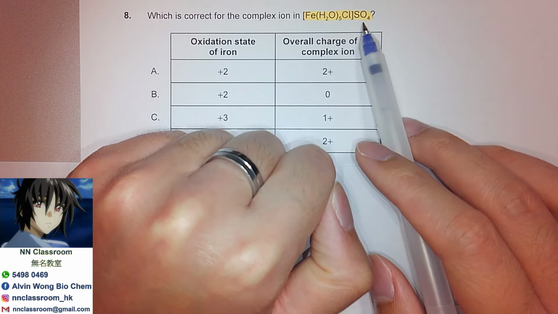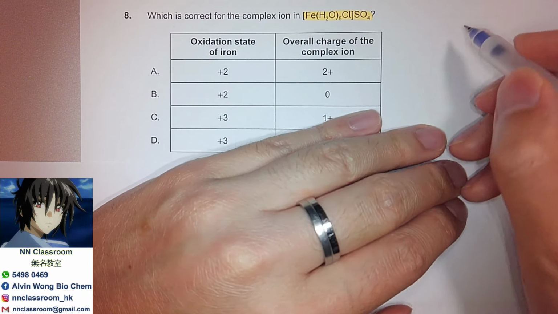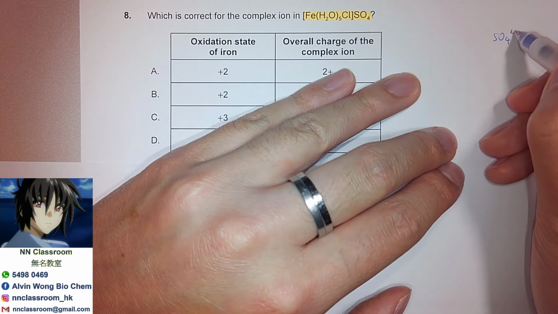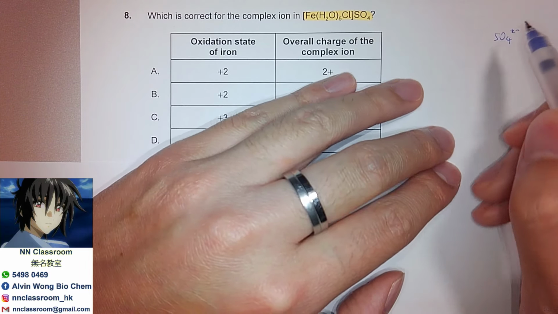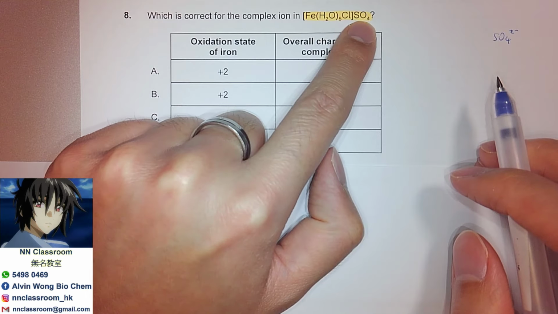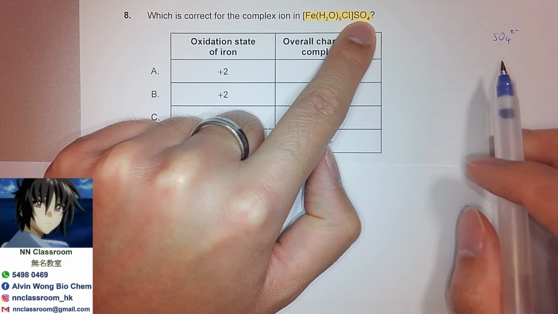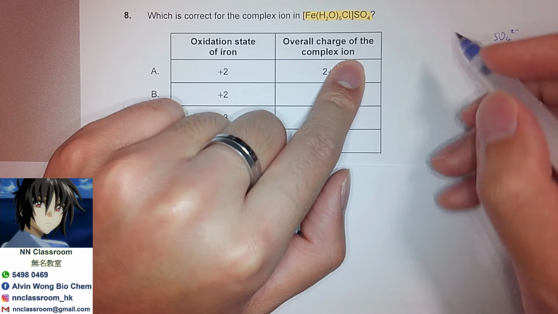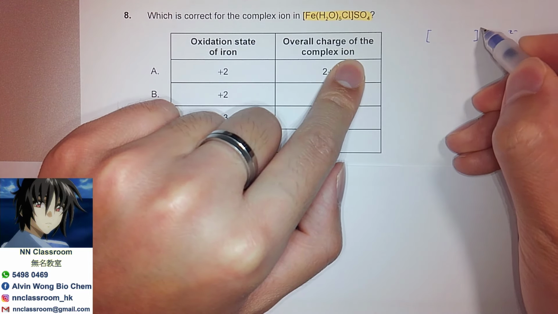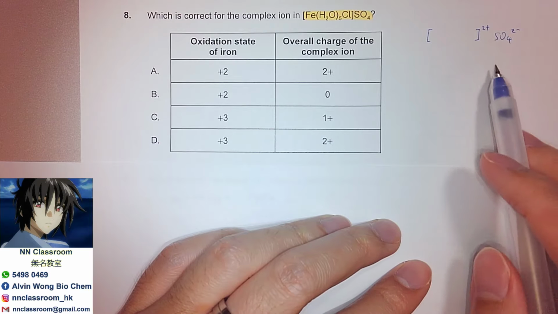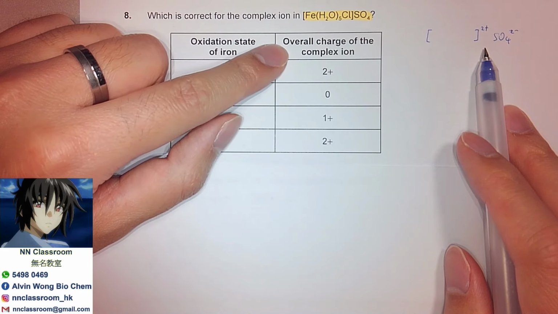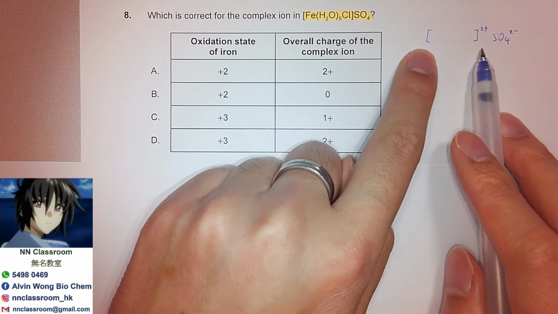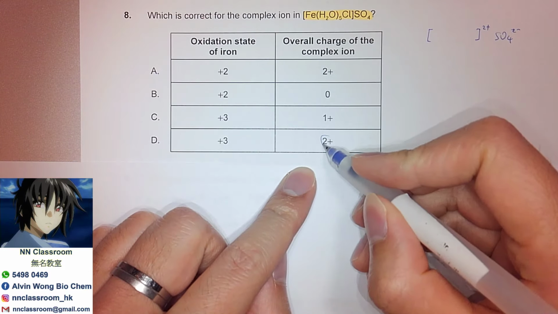Sulfate is SO4 2-, so with a balanced situation, the whole thing has 1, sulfate also has 1, so a 1-to-1 ratio. Sulfate has 2 negative charge, leading to the whole complex ion being 2+. So the charge of the overall complex ion within the square bracket will be 2+.